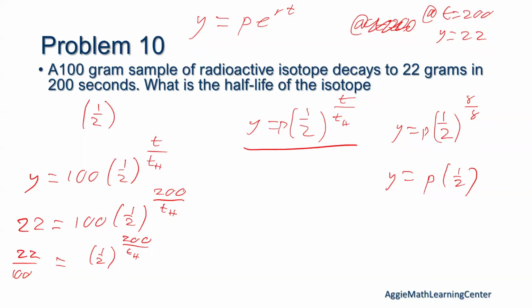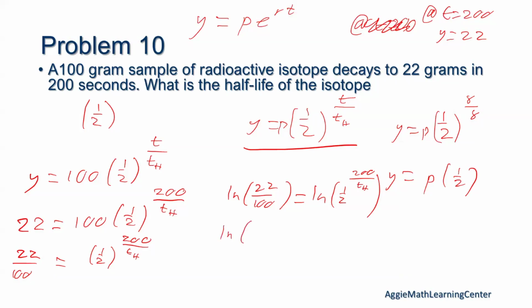So you say ln of 22 over 100 equals ln of 1/2 to the 200 over t sub h. Now we have the rule that if something inside the natural log is raised to a power, you can multiply that out in front of the log.